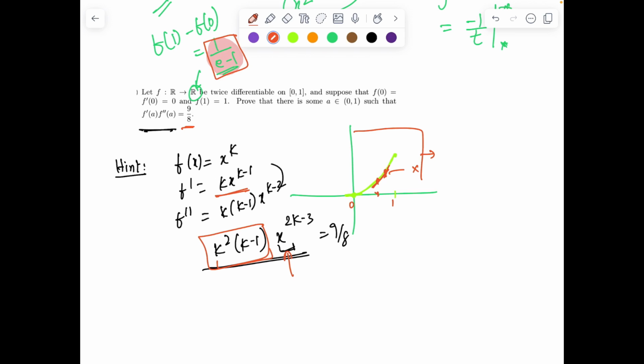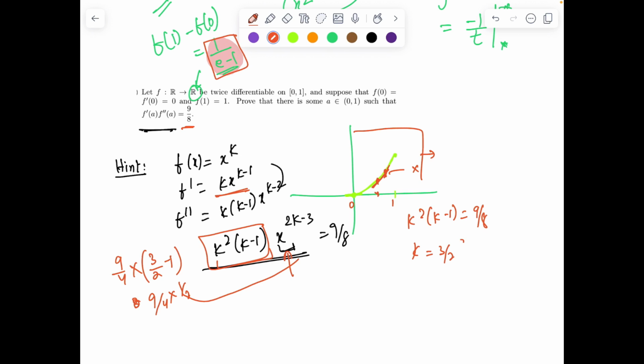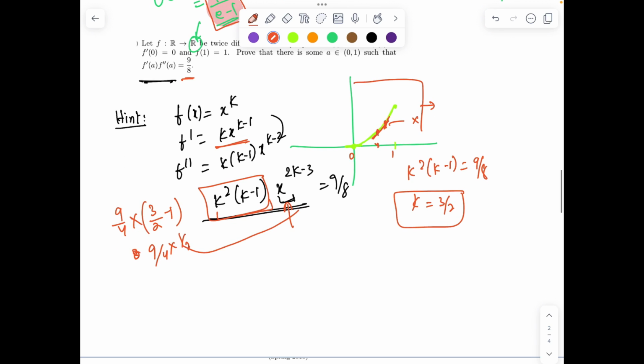So what if I guess k square into k minus 1 is 9 by 8? What value will work? It's probably 9 by 4 into 3 by 2 minus 1. That works, because 9 by 4 into half is 9 by 8. So if I equate k square into k minus 1 equal to 9 by 8, that gives a hint of putting k as 3 by 2.